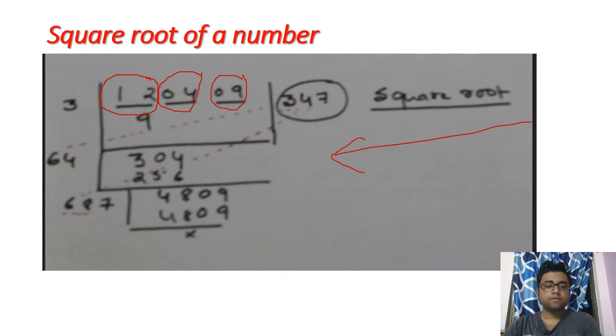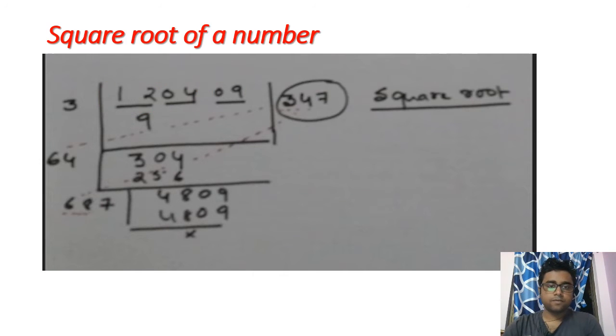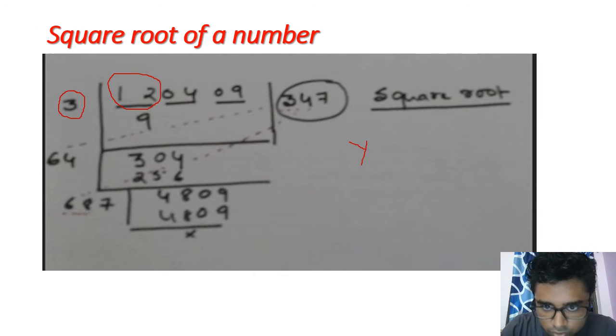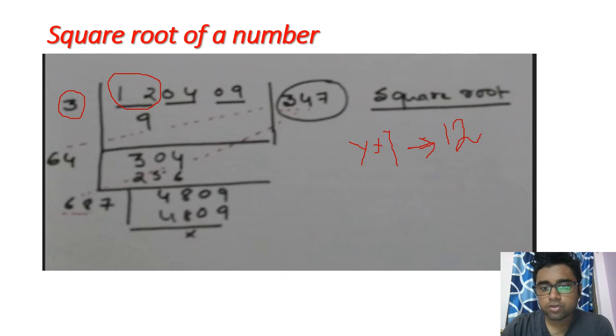Okay. Now for that particular number, on the divisor side we have to put some number y, so that y cross y is nearer to 12. So here 3 will be the number, because 3 cross 3 we are getting 9.